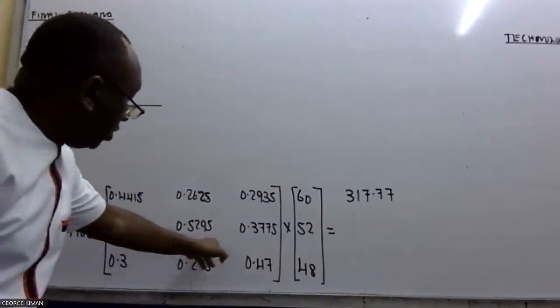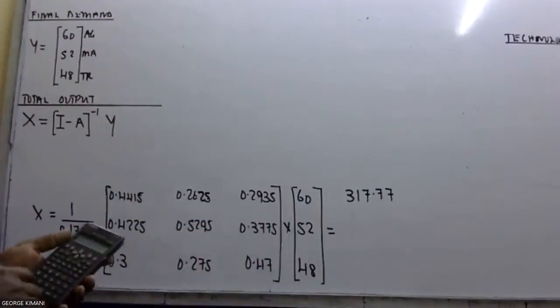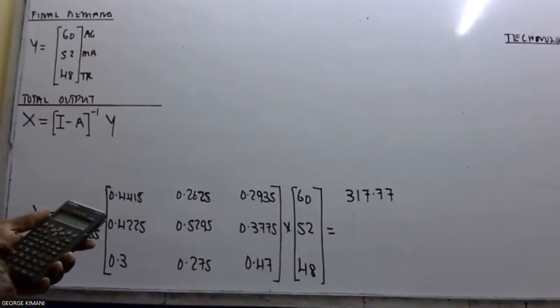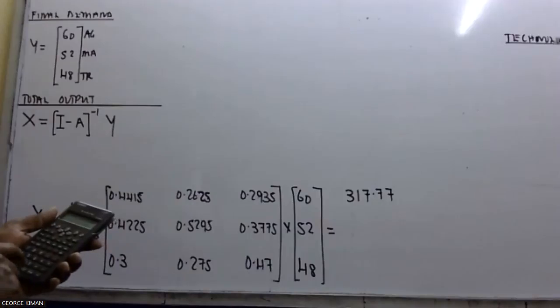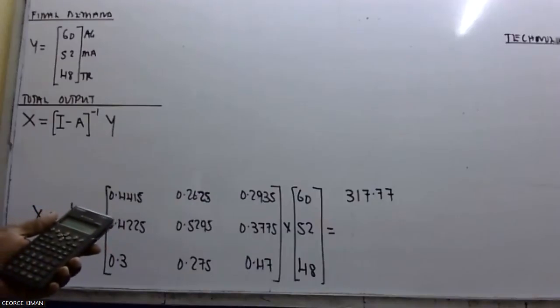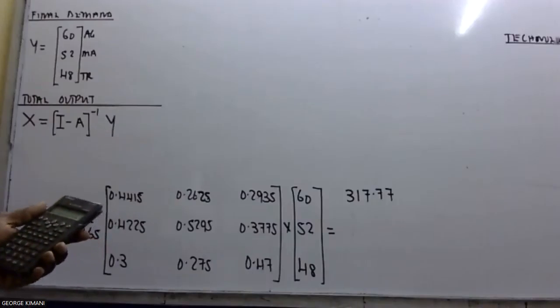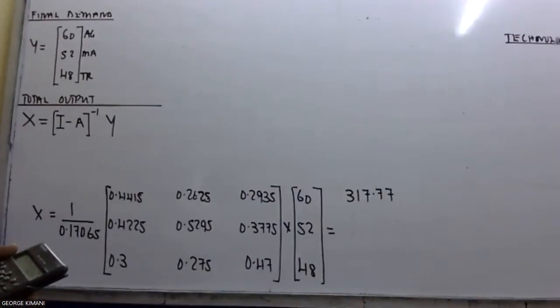The same thing. So the second row multiplied by the same column. Okay. So 0.4225 times 60 plus 0.5295 times 52 plus 0.3775 times 48 equals. I'm getting 71.004, eh?